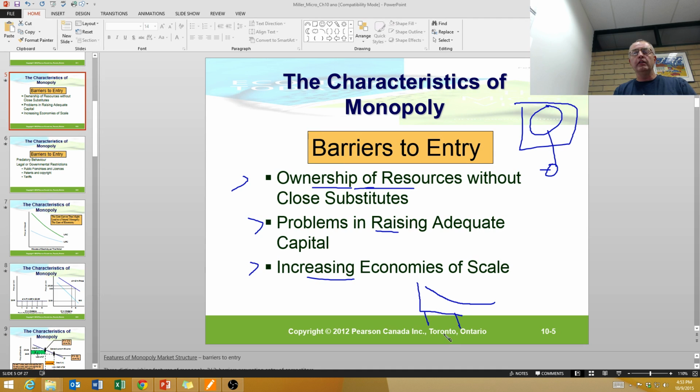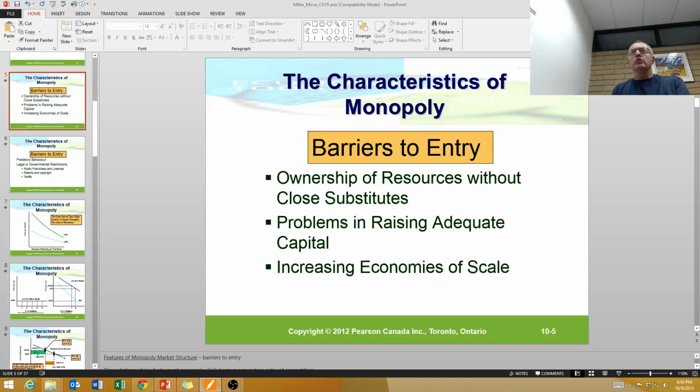As the firm increases its output, it can decrease its price, and that can scare off potential competitors. Companies that have these increasing economies of scale, we'll come back to this in a minute, are often known as natural monopolists, or natural monopoly.